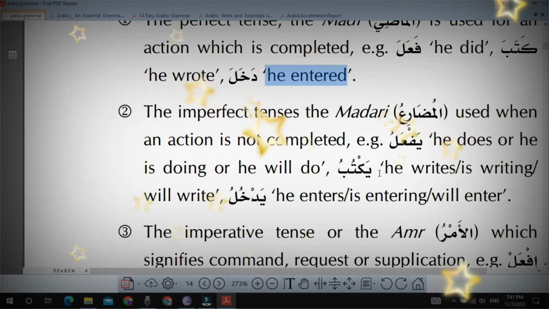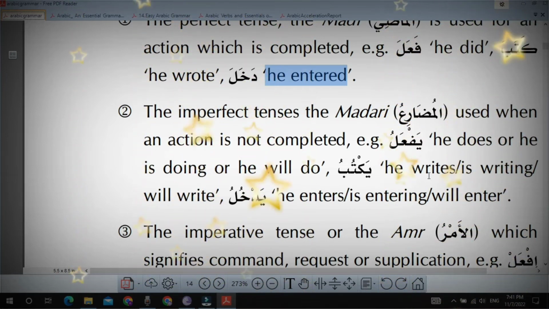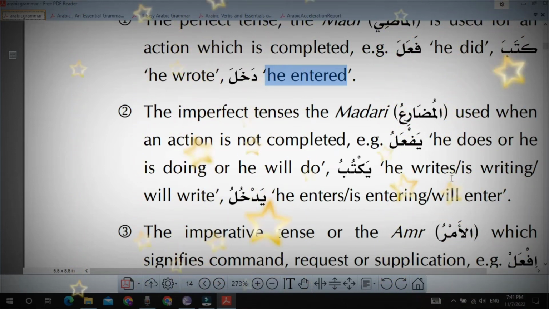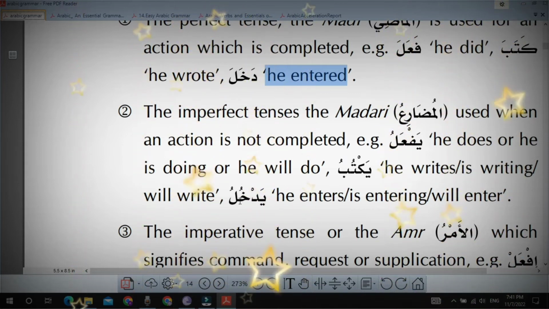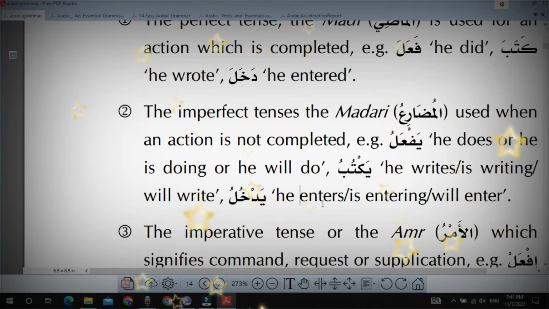The second example is yaktubu. It means he writes, he is writing, he will write. The third example is yadkhulu.